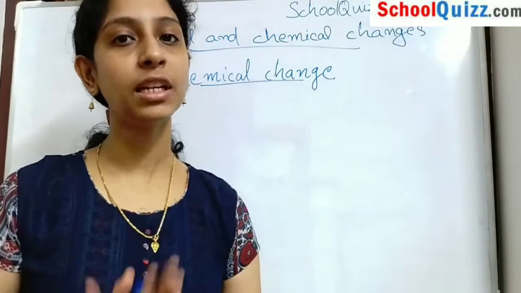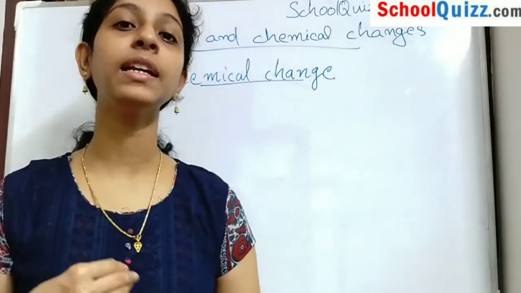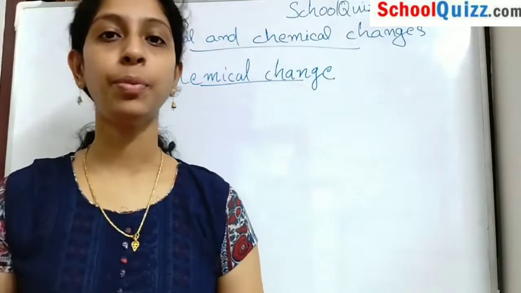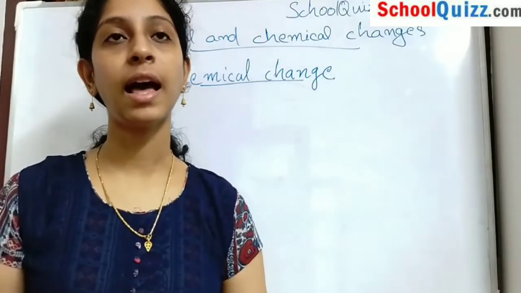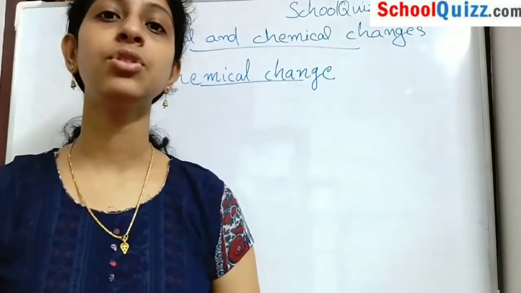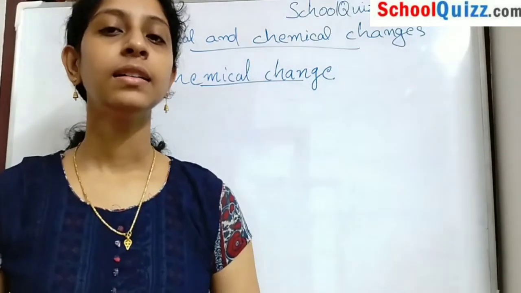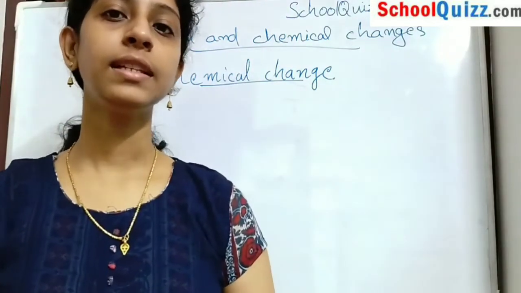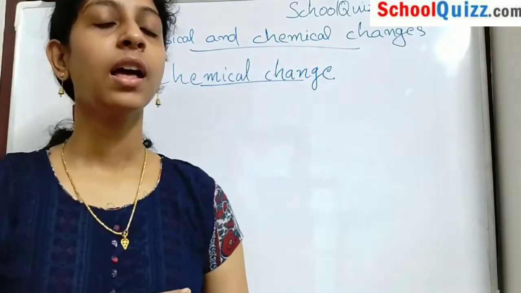Due to a chemical change, we get some new products. It may be new substances, heat, light, sound, production of new gases, change in color, change in smell, etc. These are examples of chemical change.